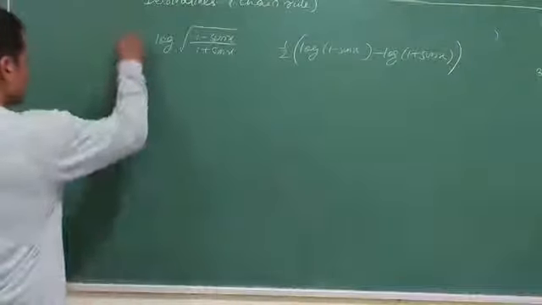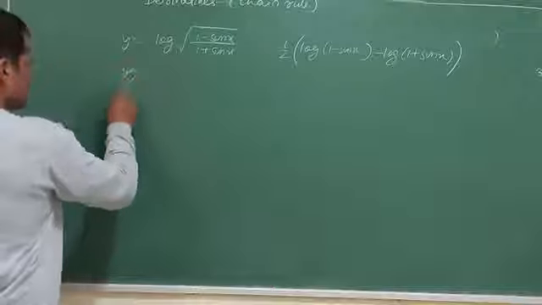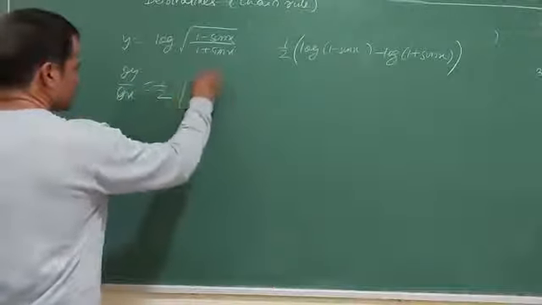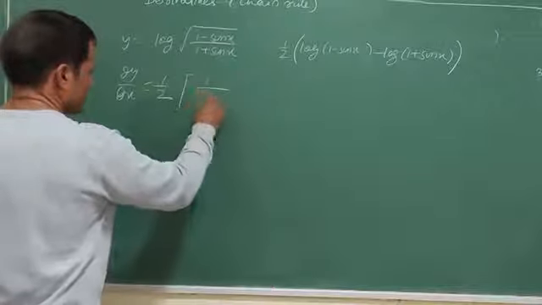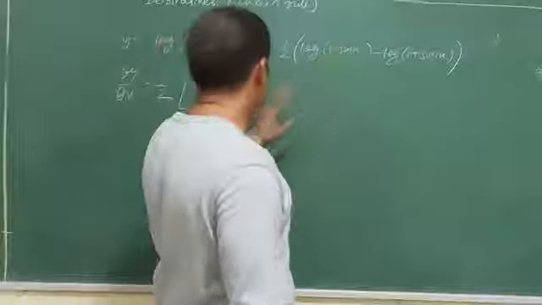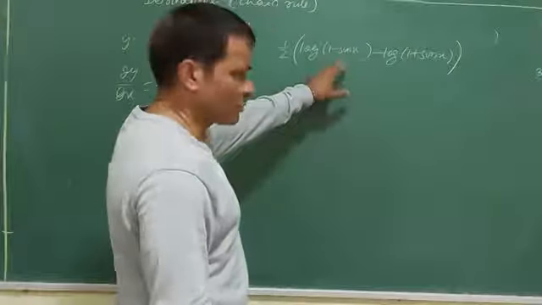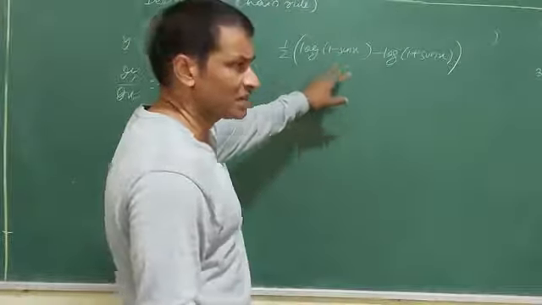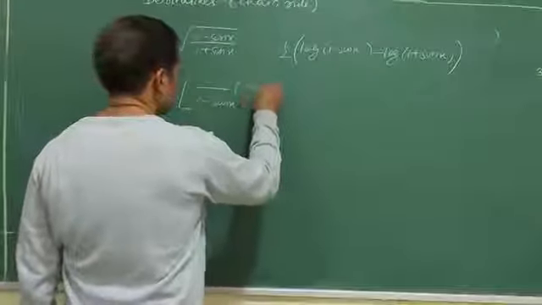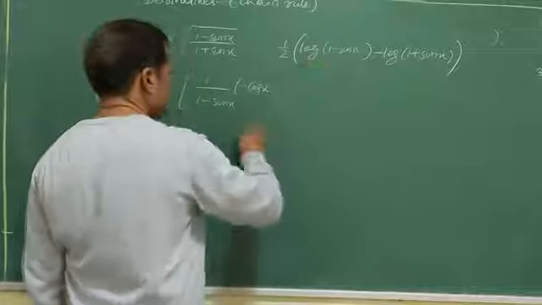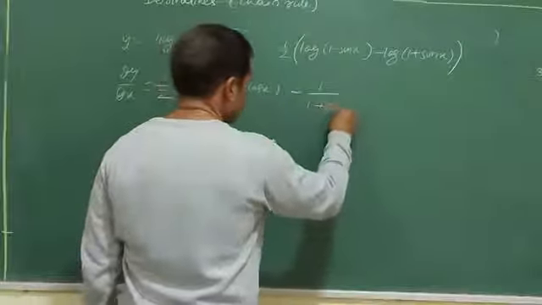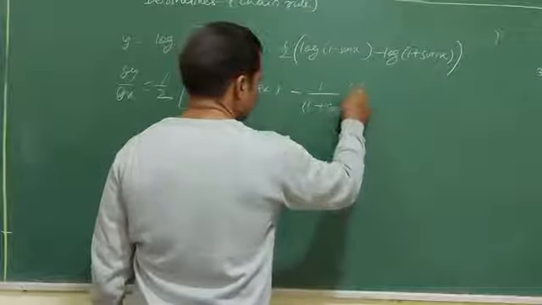I took it as y. Derivative, half log (1 minus sin x), log x derivative 1 by x, into, whenever you are going to apply chain rule, that is in the numerator, into derivative of 1 minus sin x, that is your minus cos x, because 1 derivative 0, sin is minus cos, minus 1 by (1 plus sin x) into sin x derivative, that's your cos x.